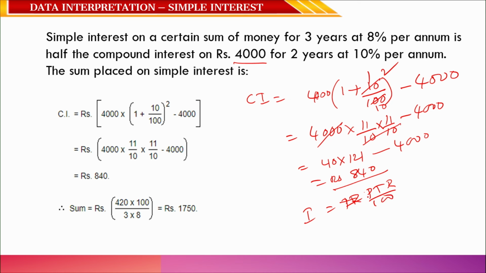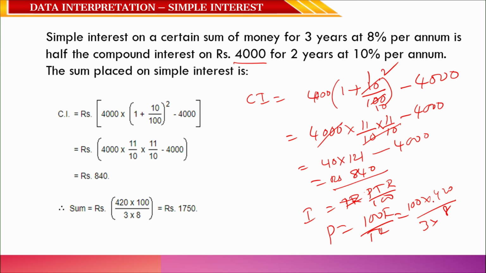Here you have to calculate the amount P required. P is equal to 100 I by TR. 100 I is half of it, half yearly, correct. So 420 by 3 into 8.